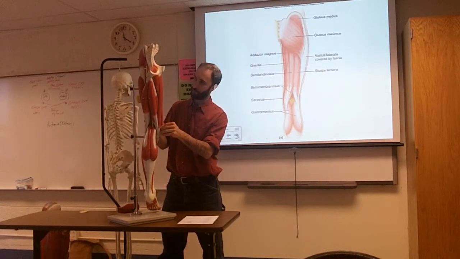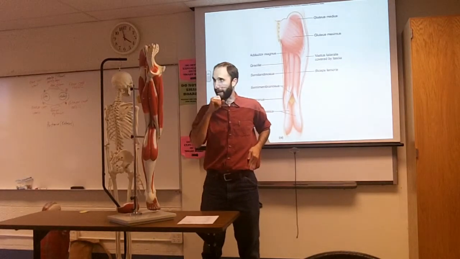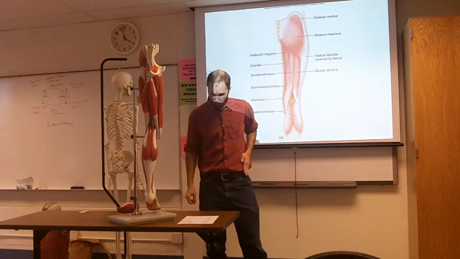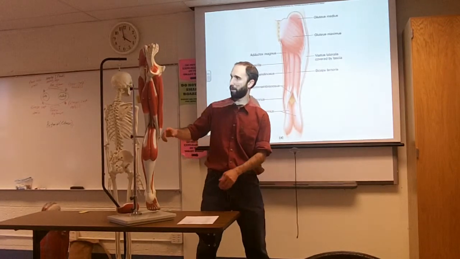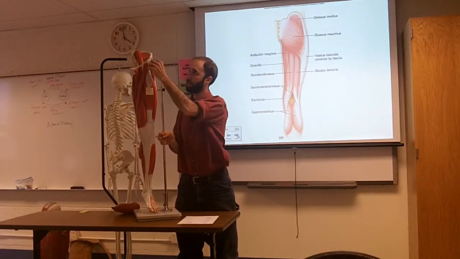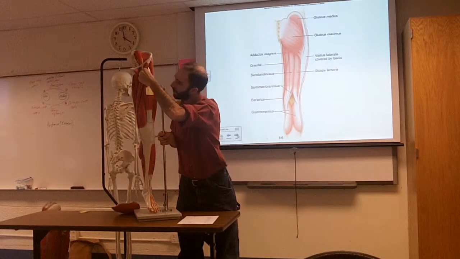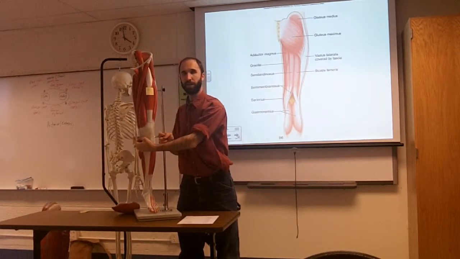So this originates from your ASIS up here, and it sort of crosses to the medial part of your knee here, and attaches all the way. Actually, let me turn this around so you can see it. So it attaches at the ASIS up here, it comes all the way around to the medial part of your knee.